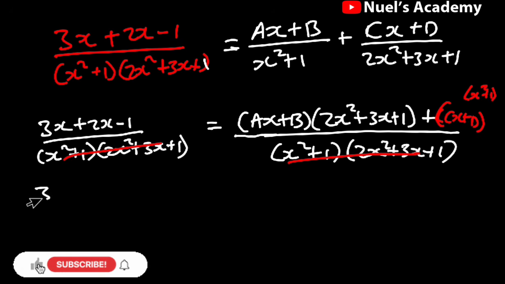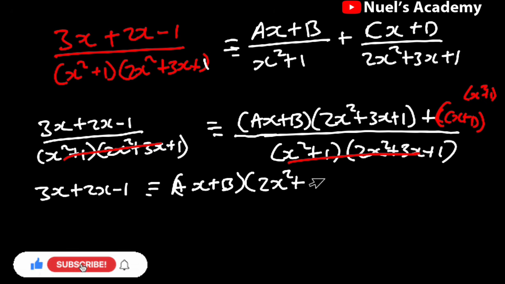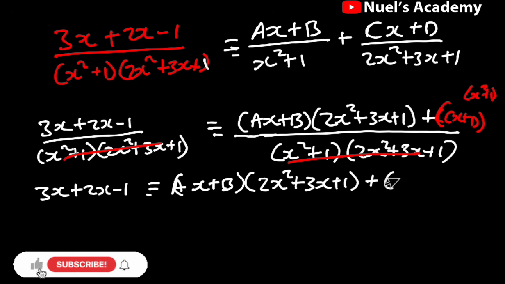We'll be left with 3x plus 2x minus 1 is equal to, this is equivalent to, now we have ax plus b multiplied by 2x squared plus 3x plus 1, then plus cx plus d multiplied by x squared plus 1.